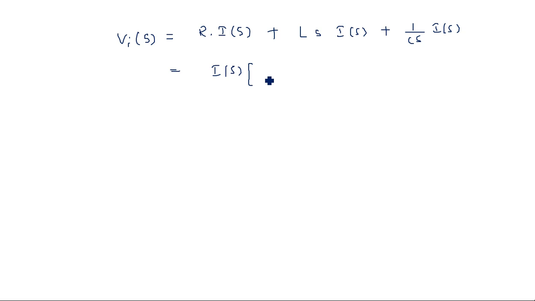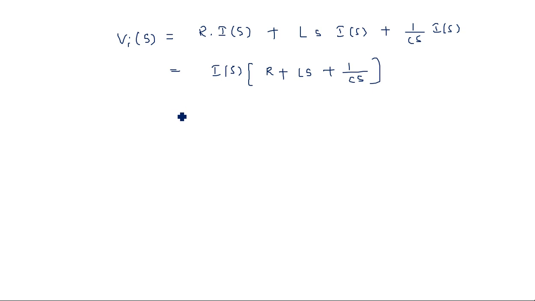So Vi of s is equal to R into I of s plus L s I of s plus 1 by Cs into I of s. Take I of s common, and now R plus Ls plus 1 by Cs. So this is the input voltage equation we can write.